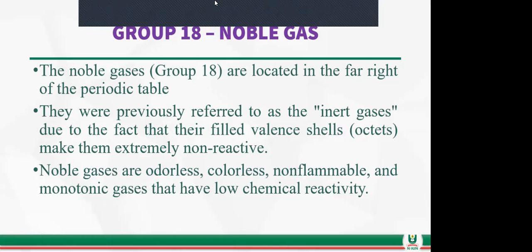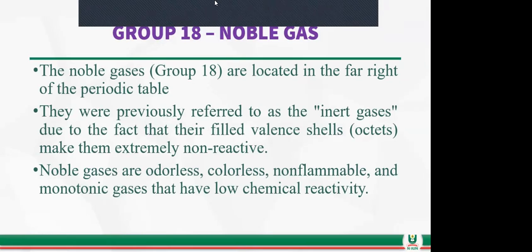But now looking at group 18, they already have that 8 electrons. They are not willing to give out electrons to become cations like metals, and they are not willing to accept electrons to become anions like non-metals.